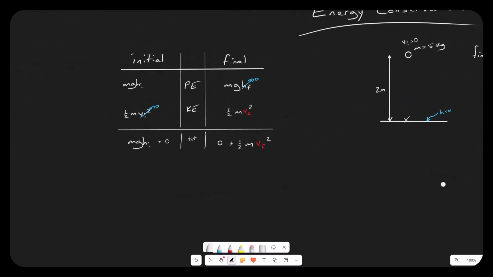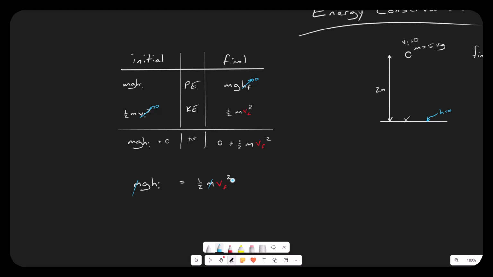Let's see. My total energy of my system has to stay the same. I don't have friction or anything to take energy out of the system. So my total energy is going to stay the same: mg h initial equals half m v final squared. There's m over here, those can cancel, which is nice.